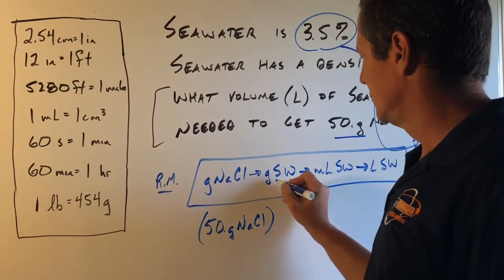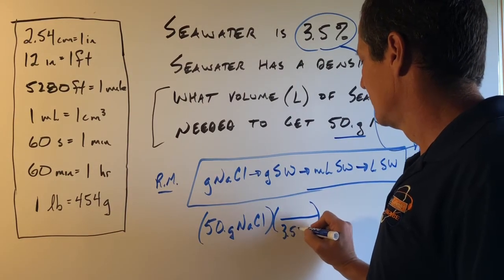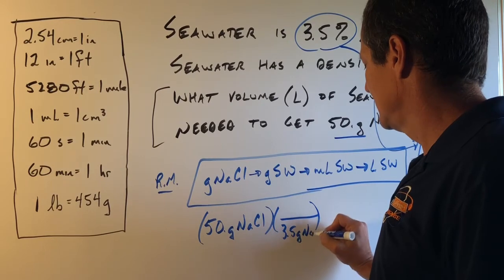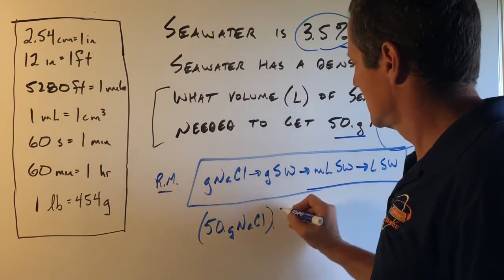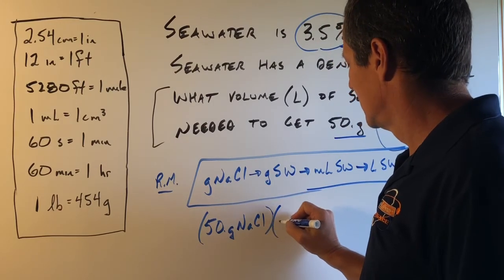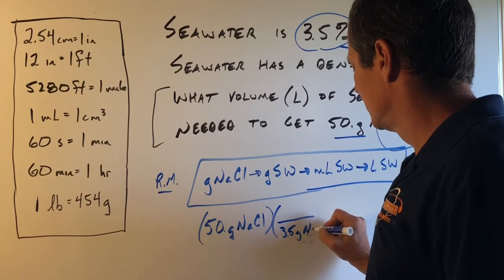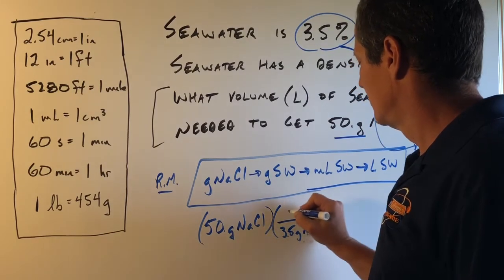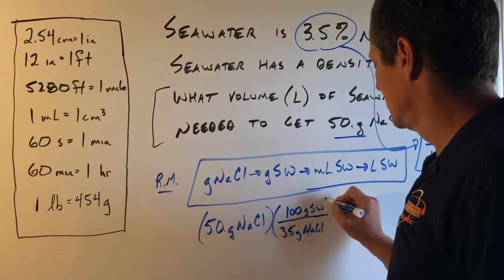To convert that to grams of seawater, I use the percentage. There's 3.5 grams of sodium chloride, let's write that a little nicer, 3.5 grams of sodium chloride for every 100 grams of seawater.